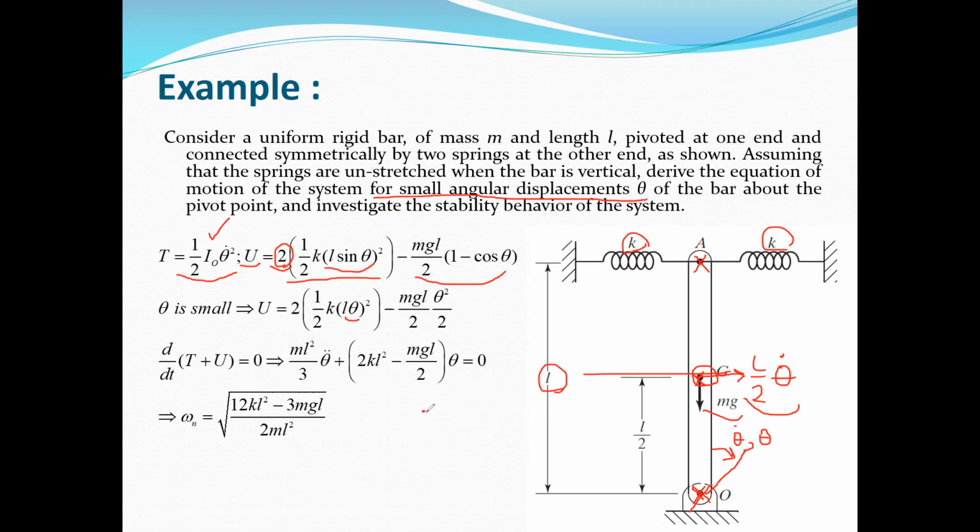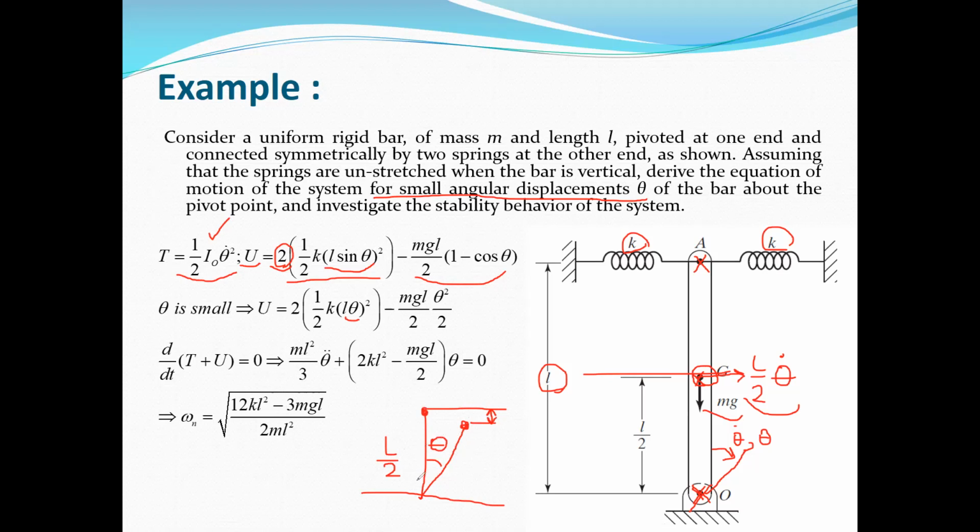Because, for example, if we assume this is the position of point G, and this is L over 2, okay? So this is the initial position. When it's going to the position theta, for example, here, and this angle is theta, you need to calculate the change in the length of this line, which is this distance. And this distance is equal to L over 2 times 1 minus cosine theta.